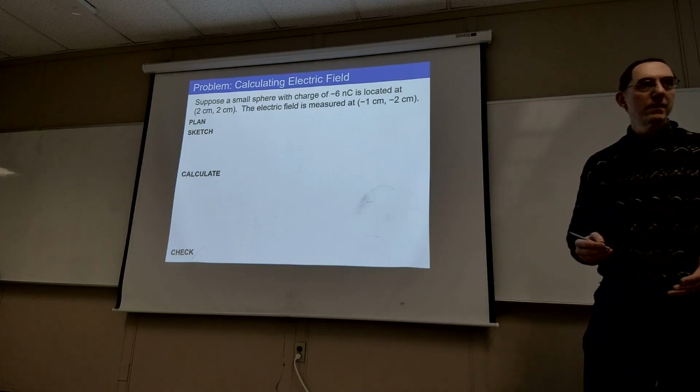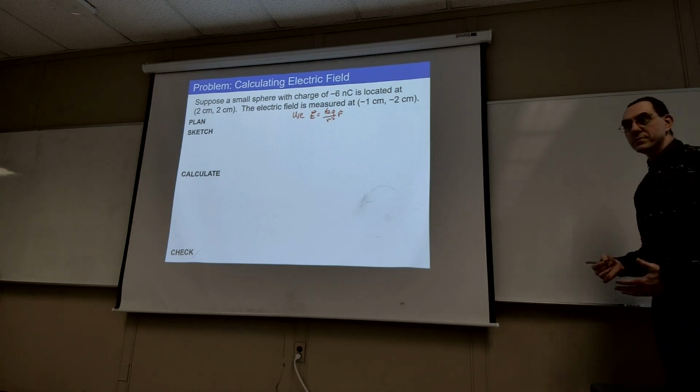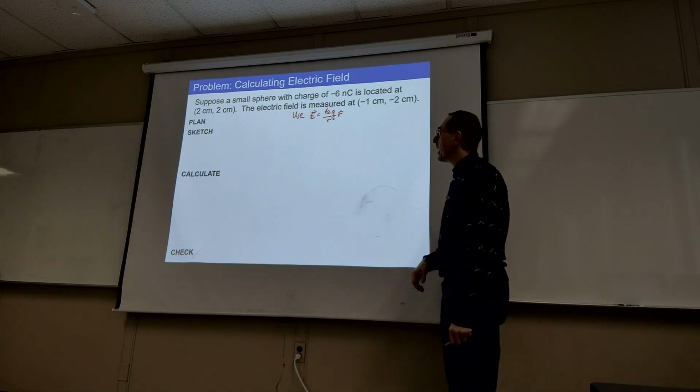I want an equation for the electric field. Is it the E equation? So what is the equation? It's K times Q over R squared times R hat. Right. So these are things you need to remember here. So we're going to use KQ over R squared times R hat. That's going to be our key equation to calculate the electric field.